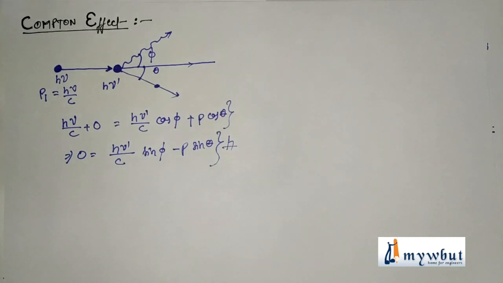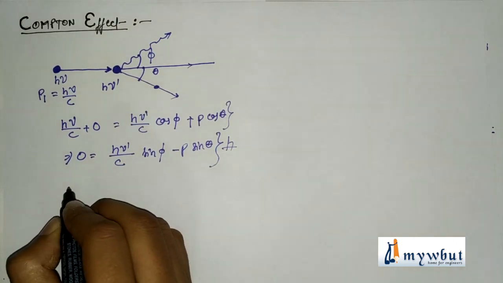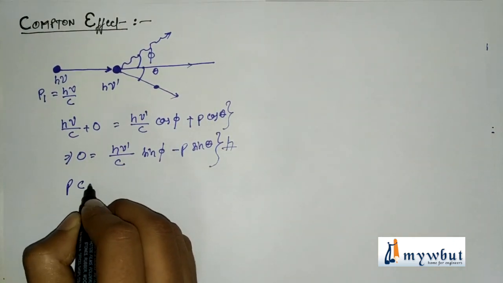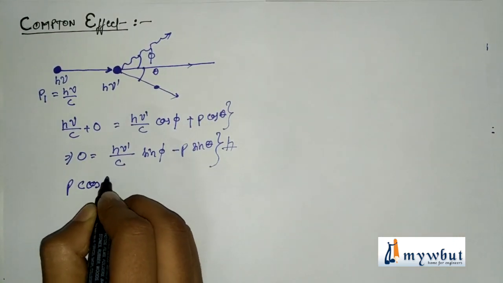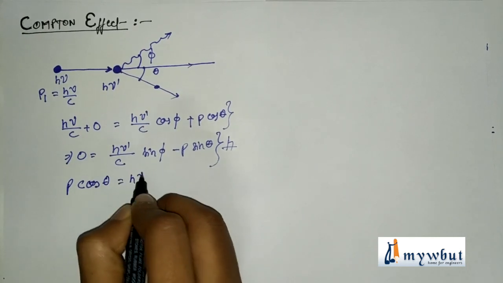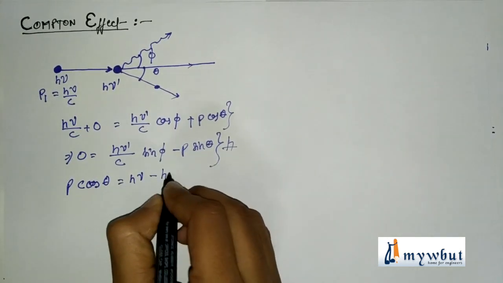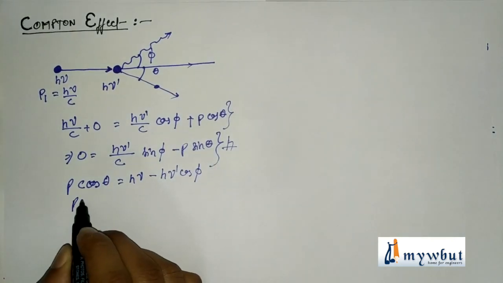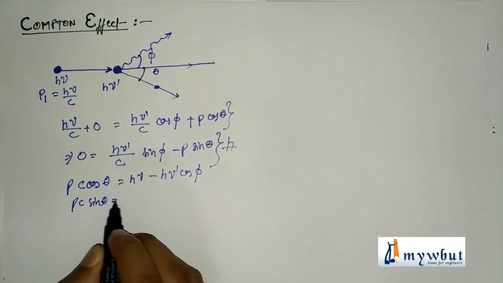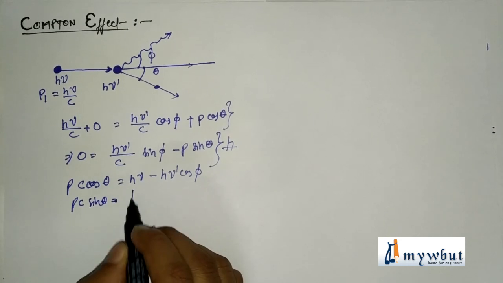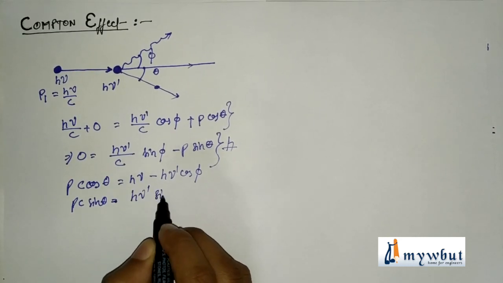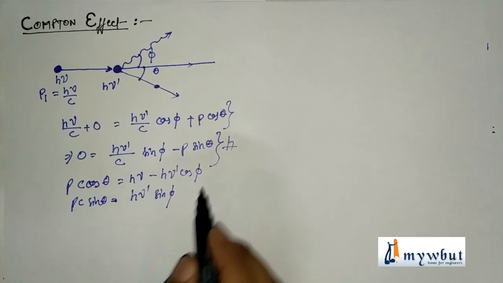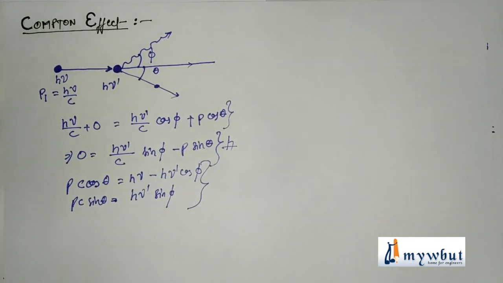So from the equations we can conclude that Pc cos of theta is equal to h nu minus h nu dash cos of phi. And similarly Pc sin of theta is equal to h nu dash sin of phi. We get these pairs of equations.